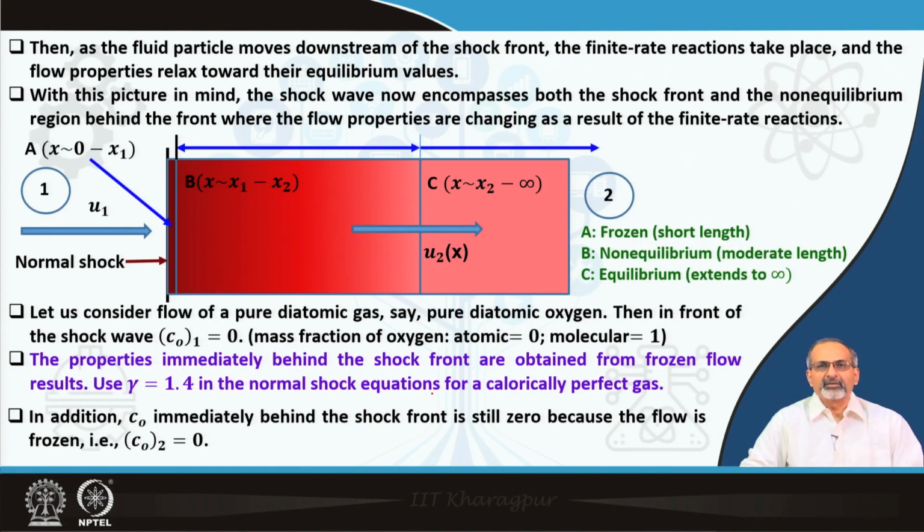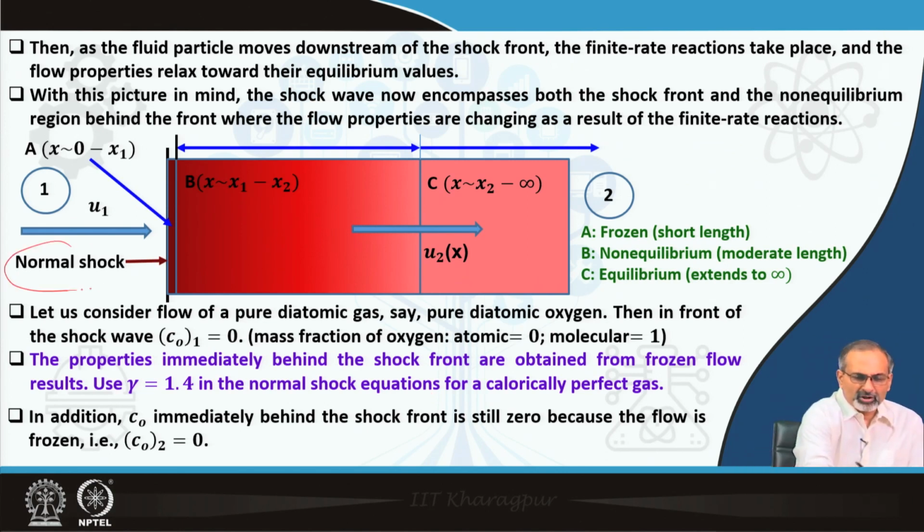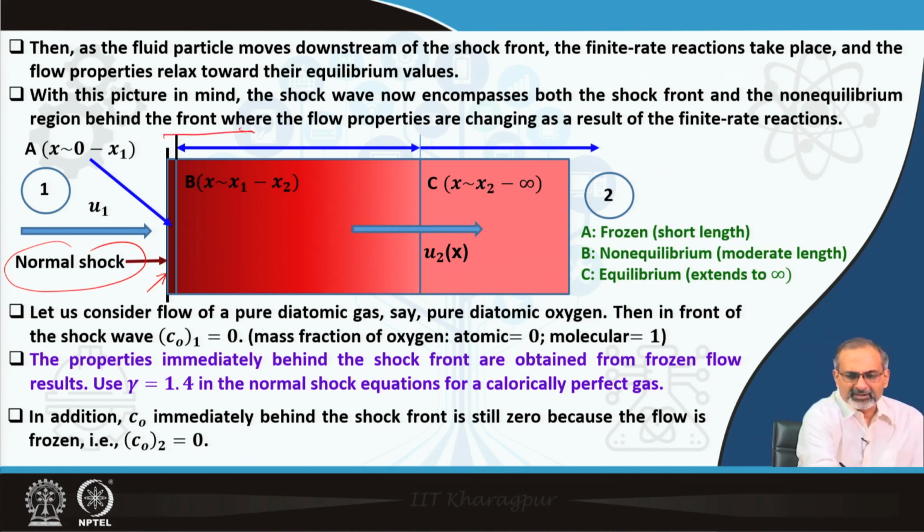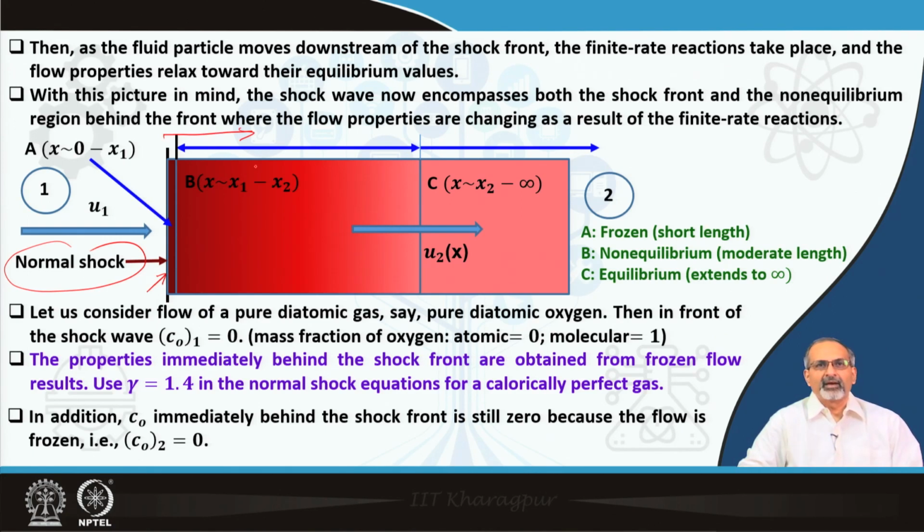We have a pictorial representation over here, in the sense that this is a normal shock, the straight line that we have over here, and there is a narrow region behind the shock which we have marked as A. We are measuring the x coordinate starting from the shock downstream towards the right, and this region A extends between 0 to x1, let us say, where x1 is a small dimension, and the flow behaves like a frozen one over this region.